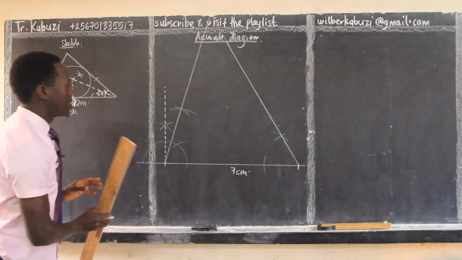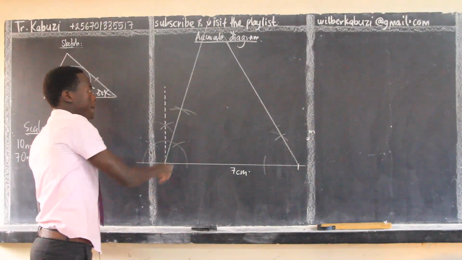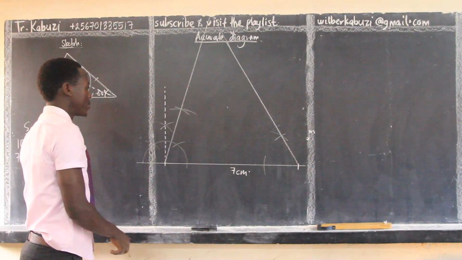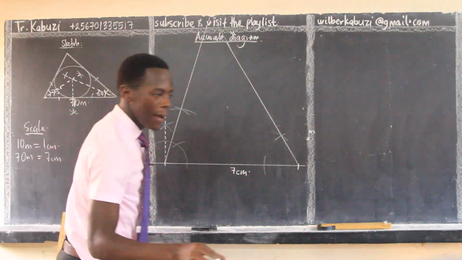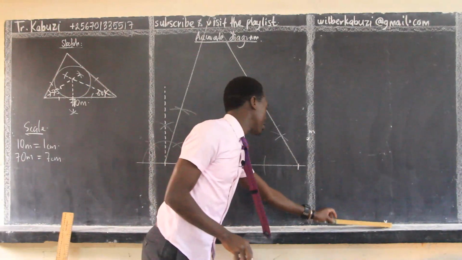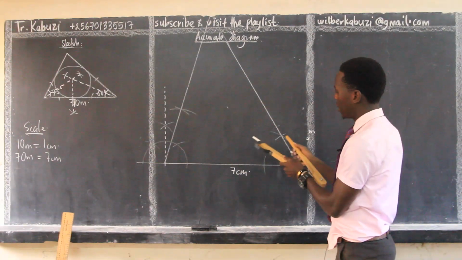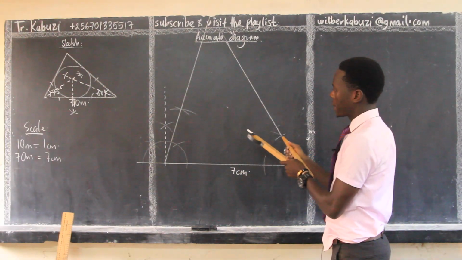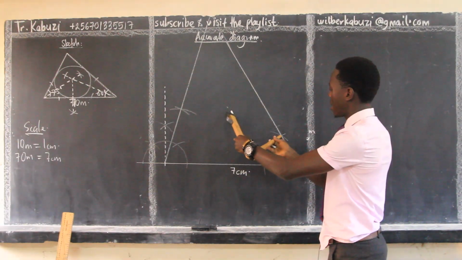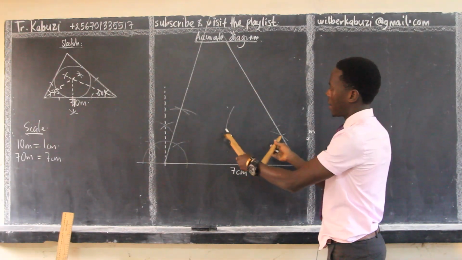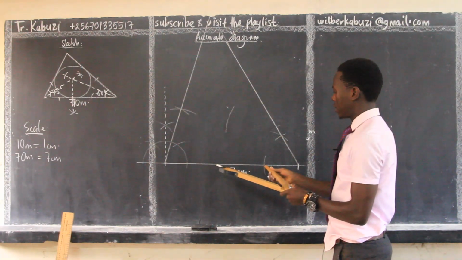So now all I need to do is to bisect these two angles. So bisecting those angles is the easiest. Just put here, bisect it there, put here. Then also change this to this.